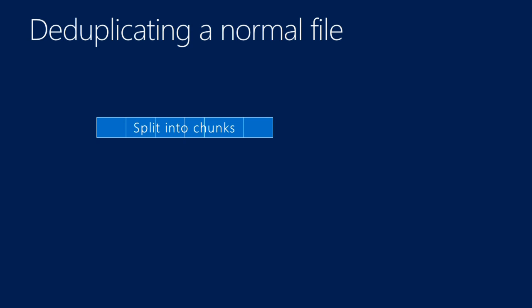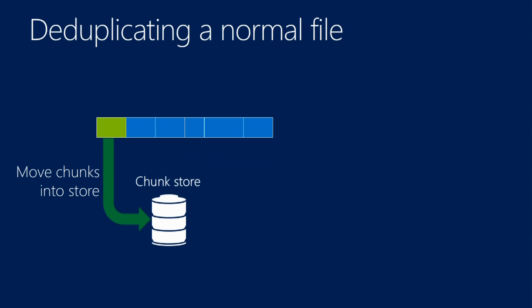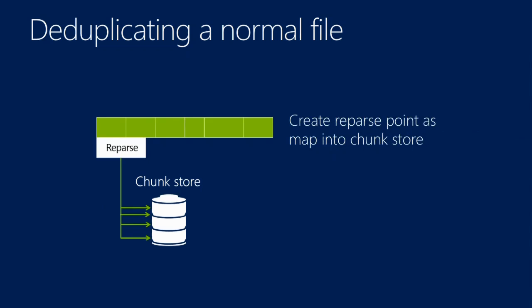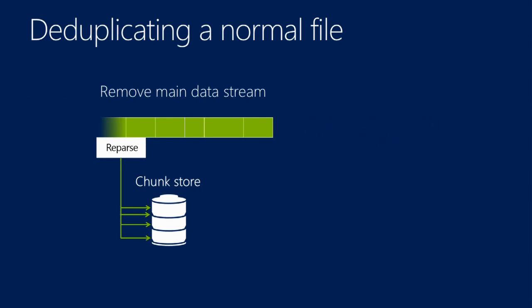It's variable lengths, so they're not all exactly the same length. Identify the chunks and move them into the chunk store. And then you put a reparse point into the file system. And once that reparse point is in place, you can find the entire file in the chunk store, so you can get rid of the main data stream. That's pretty much what we talked about earlier.